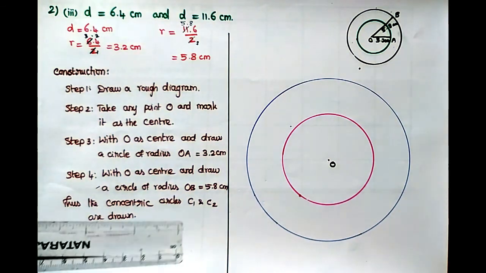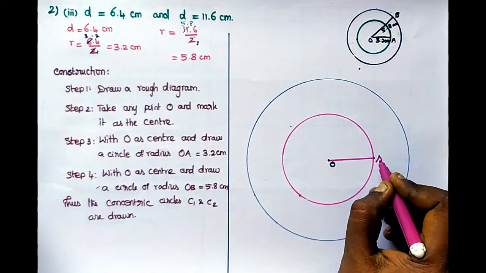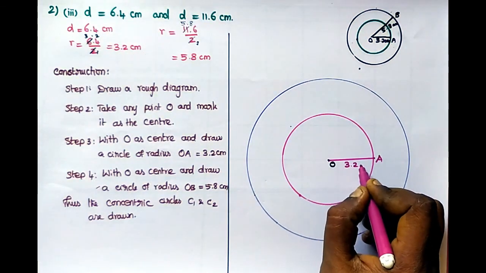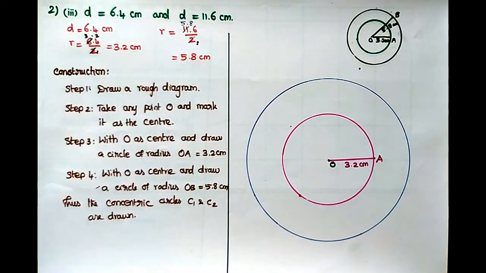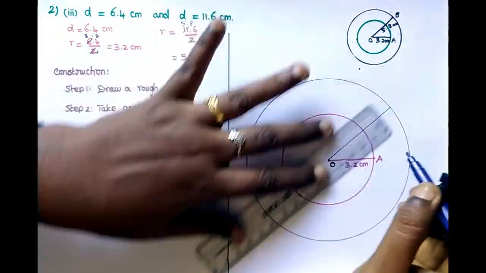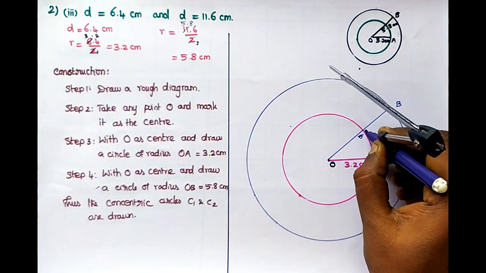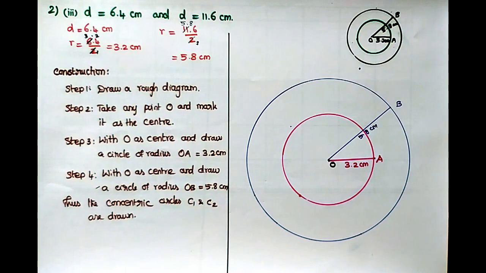Now OA equal to 3.2 centimeter and OB equal to 5.8 centimeter. Now calculate the width.